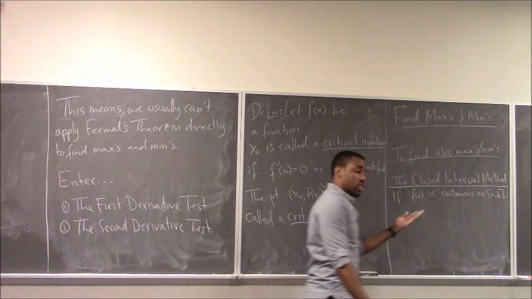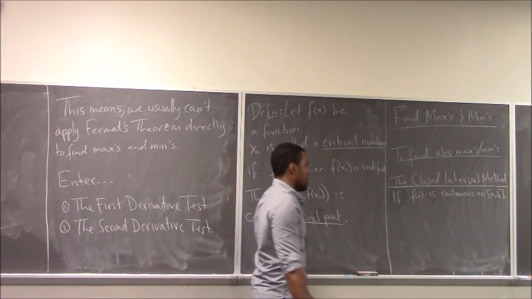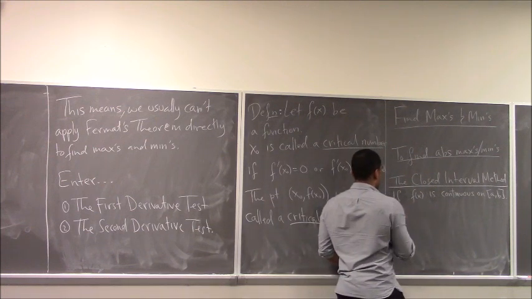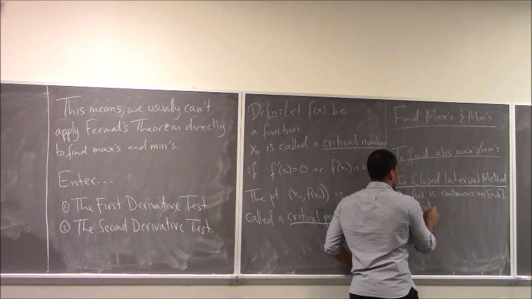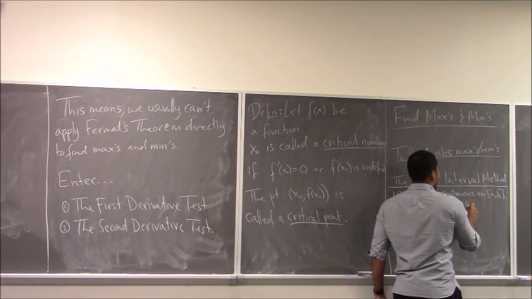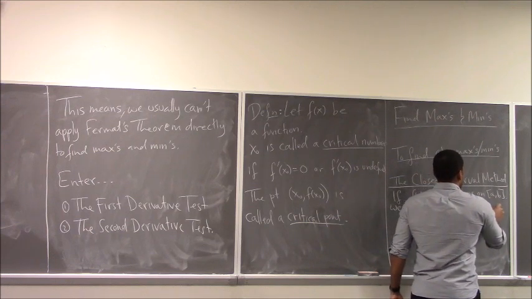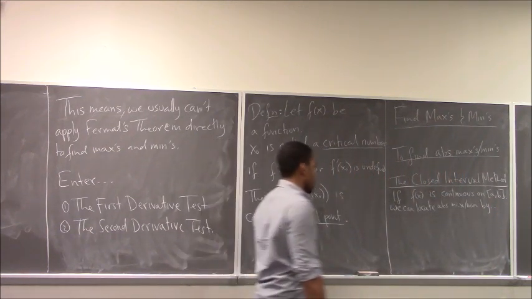So if f of x is continuous on [a, b], which remember guarantees that we have an absolute maximum, then you can locate where the absolute maximums and mins are by the following. 1.